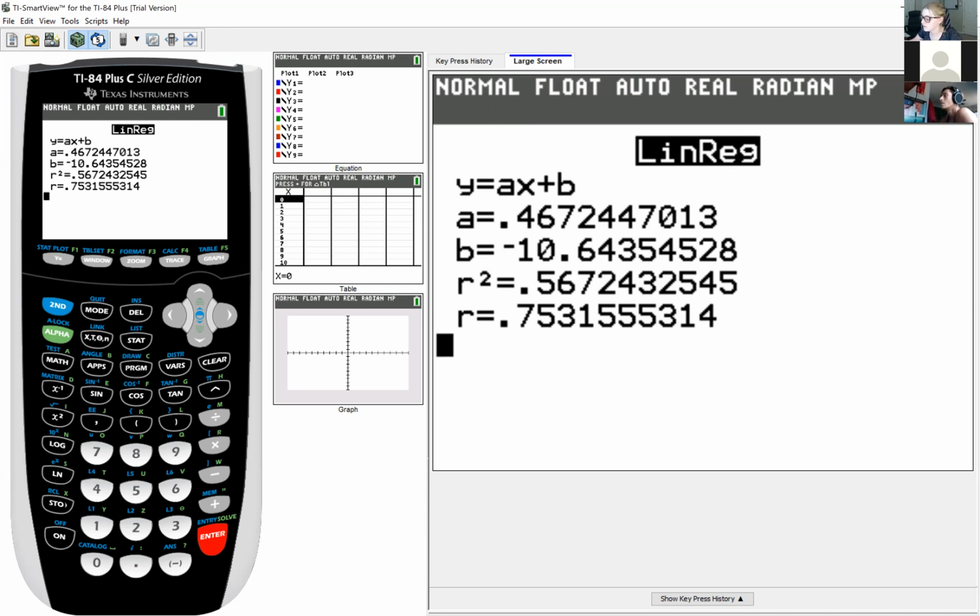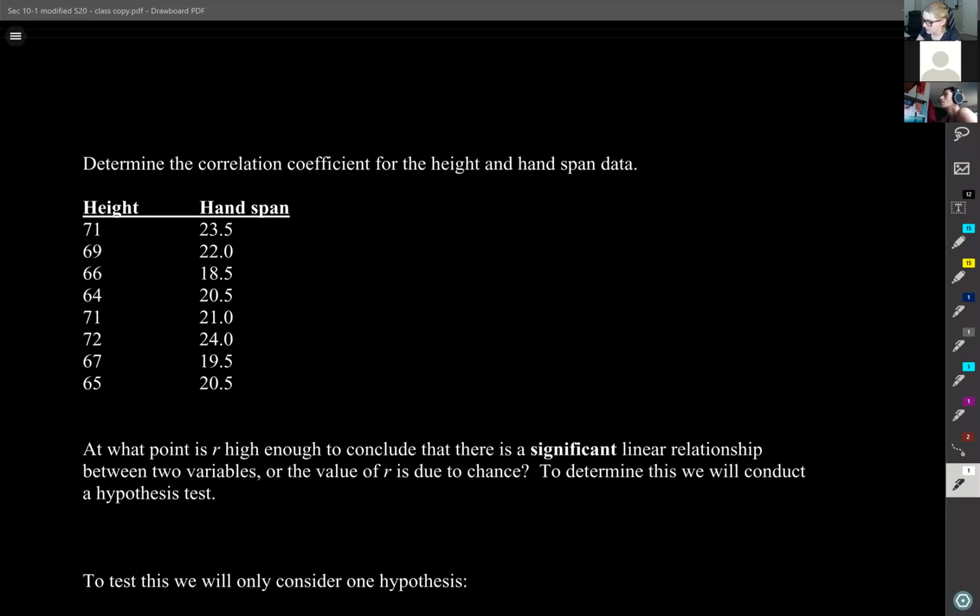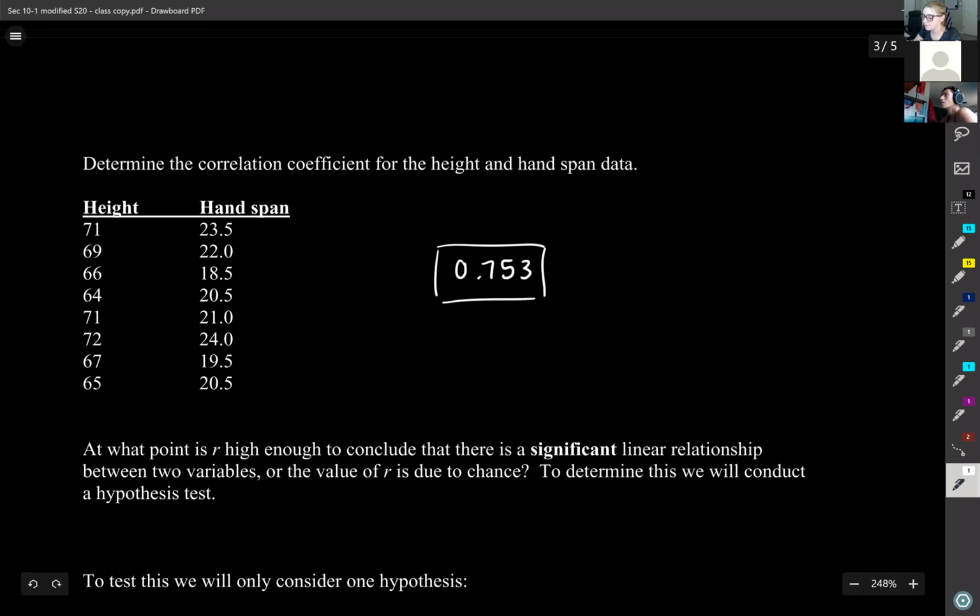So let me go back to my notes. This is 0.753, and I rounded it to 3 decimal places. So based on that, if you had to make a guess, would you say it has a strong positive relationship or strong negative relationship?